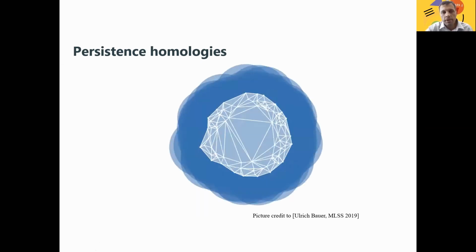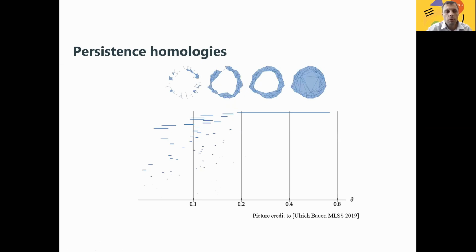There is a special theory called calculation of persistent homologies. I don't want to go into details. We don't have a lot of time, unfortunately. But as a result of this calculation, we get a so-called persistent landscape, which can be formulated as follows. Here we depict the radius of spheres using which we cover the point cloud.